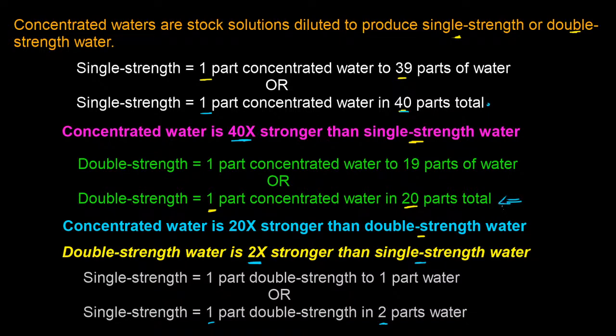So we know that 1 part of concentrated water should be in 20 parts total. Or in other words, you have a 20 times more concentrated solution when you have a concentrated water compared to the double strength. And that's the information we are going to use. So we're going to go back to the question.